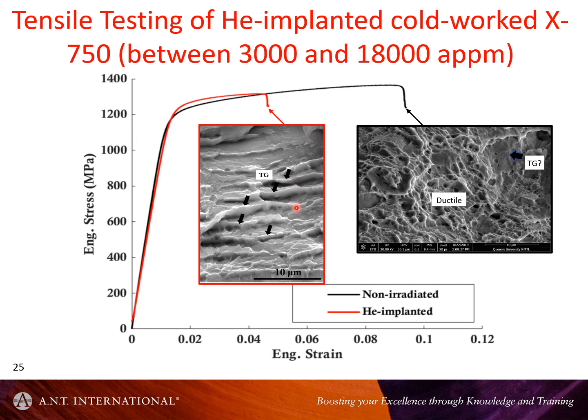But of the transgranular features, some of it was flat, and then some of it was like this. So again, if we imagine that these, I hate to say that, if we imagine that these things are those platelets, or twin platelets, or twin martensite platelets, or even clusters of twin martensite platelets, in this case, they seem to be intersecting the grain boundary.